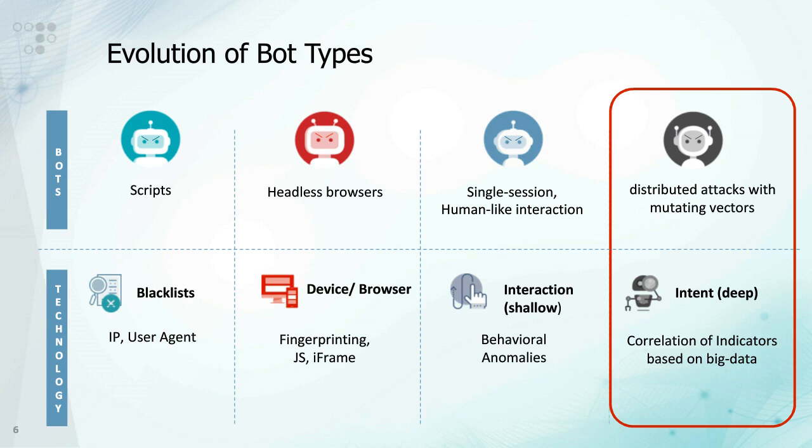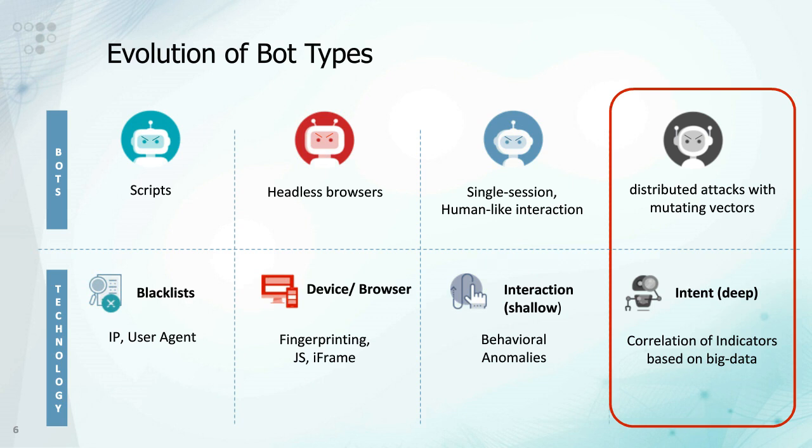These bots also are massively distributed across tens of thousands of IP addresses, or worse, device IDs, to overcome fingerprinting technologies. And this is exactly where web application firewalls may be obsolete in detection.